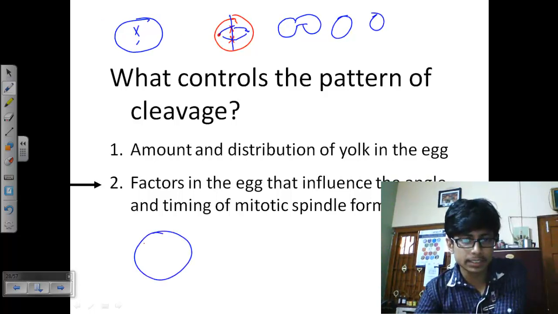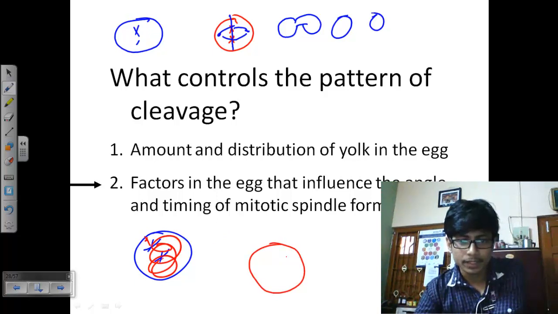Now let's say in the same cell we have chromosomes arranged like this. In that case, microtubules will hold on to the chromosomes. Sorry, it is a bad drawing. I should draw here. So these are the chromosomes, and the microtubule organizing center is always there.